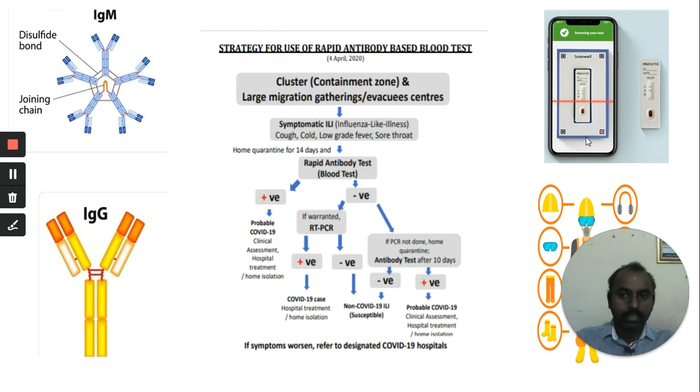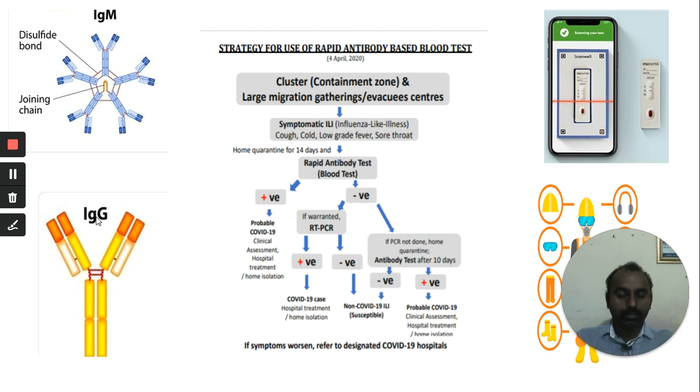What exactly this test does is, once anyone gets a viral infection, your body's immune system, with a trigger of macrophages, releases antibodies. The first antibody released into the body is IgM, and later on, once immunity is developed against such a virus, the individual will develop IgG.